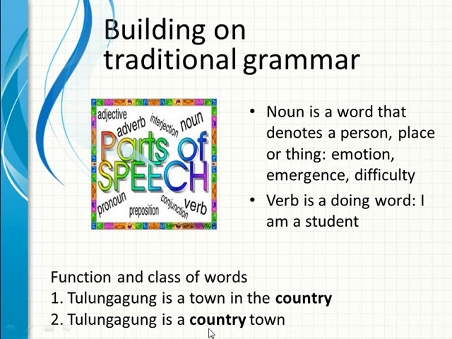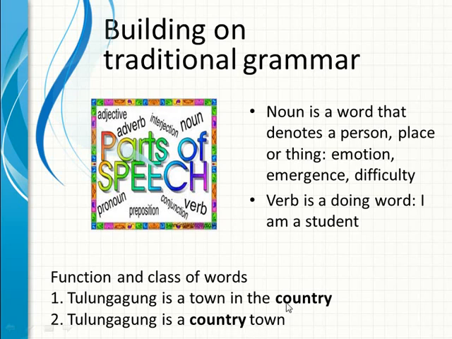Here, country is still a noun, but the second country has a different function from the first country. The first country is a noun by itself, but the second country is a noun that becomes a classifier, a noun that has a function like an adjective, because the second country actually specifies the town.